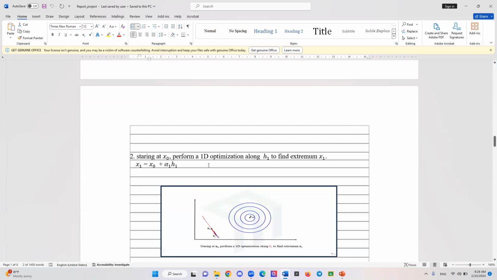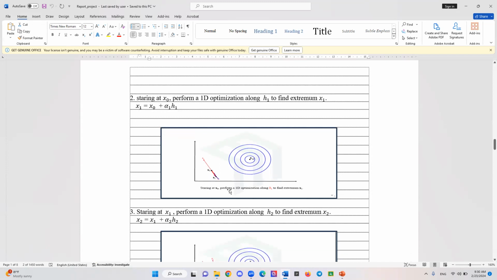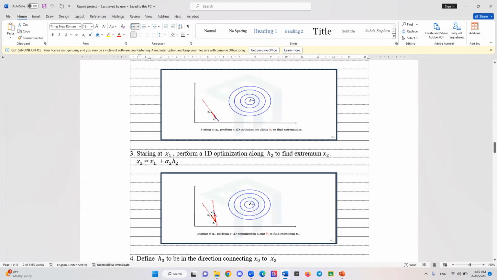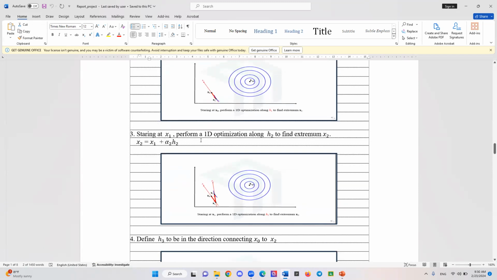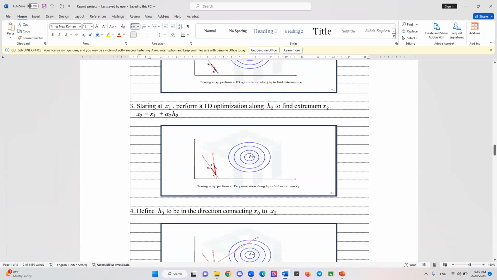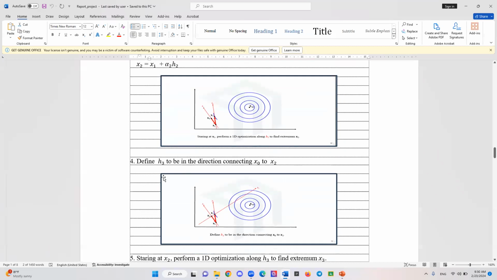Starting at x0, perform a 1D optimization along h1 to find the extremum x1, where x1 is equal to x0 plus alpha 1 h1. Starting at x1, perform a 1D optimization along h2 to find the extremum x2, where x2 is equal to x1 plus alpha 2 h2.